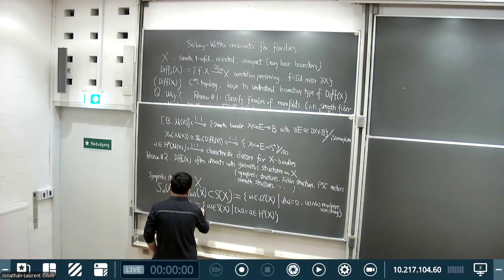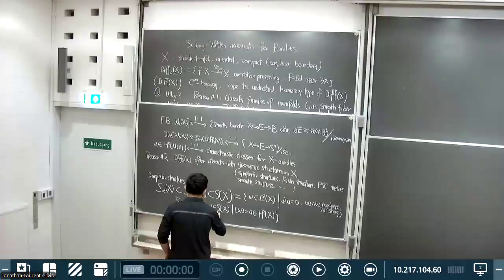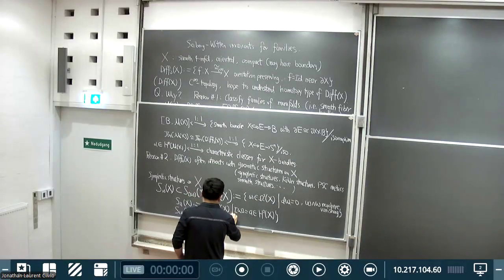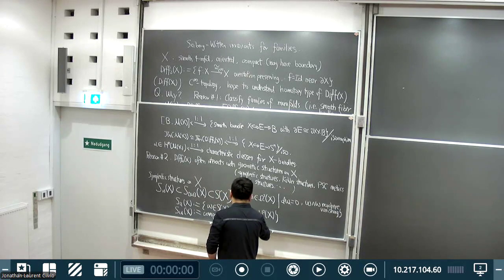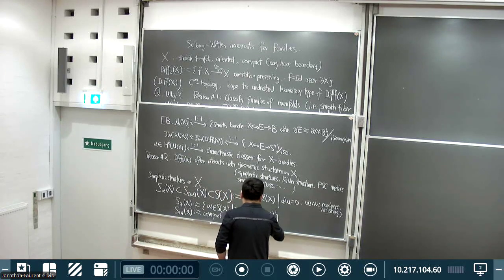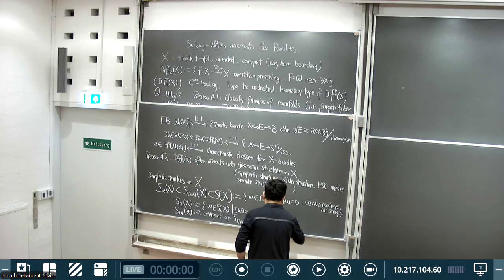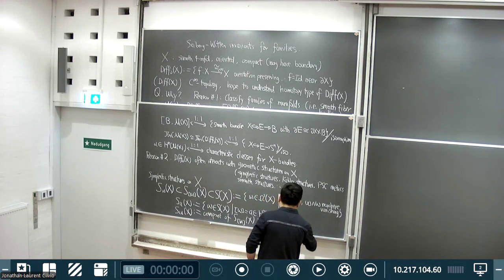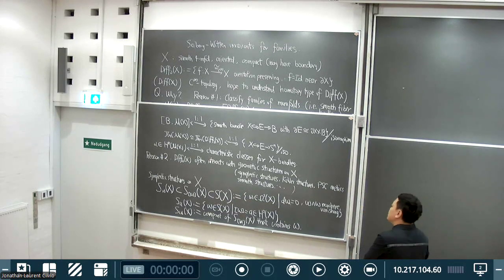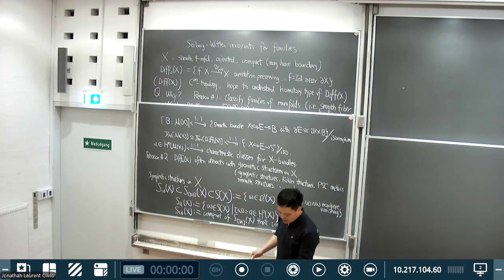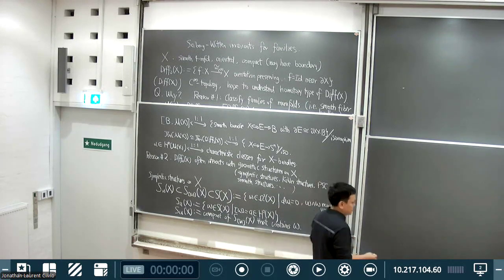This is just defined to be a component of this space. We just take a connected component of this space. So these are three versions of the space of symplectic structures.